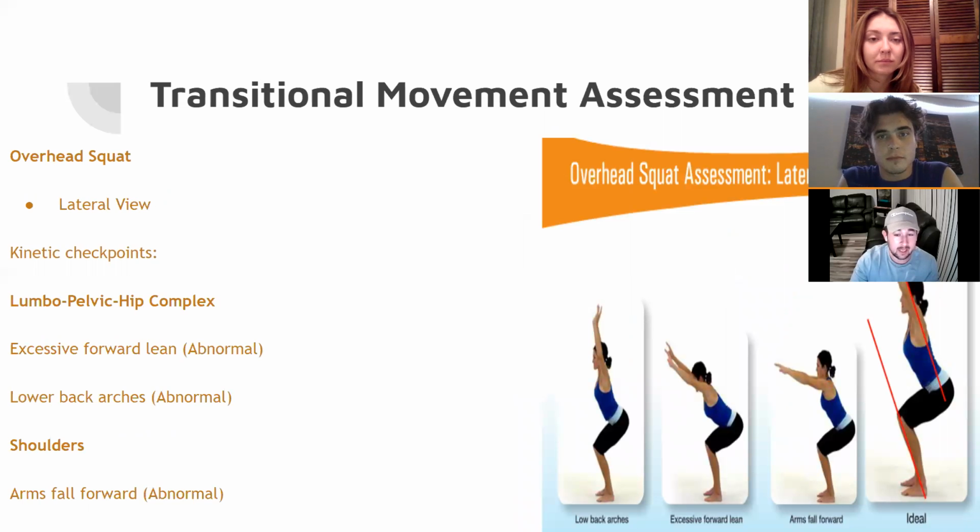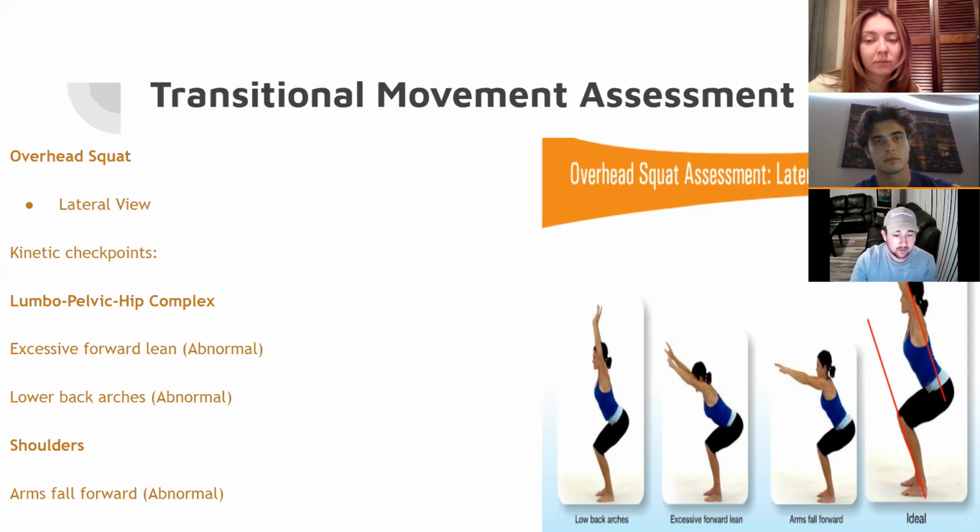Moving on to the lateral view, we can go over a few more kinetic checkpoints. So things to look for are in the lumbopelvic hip complex. We can look for excessive forward lean, and there we can identify underactive muscles such as the anterior tibialis and overactive being the soleus.